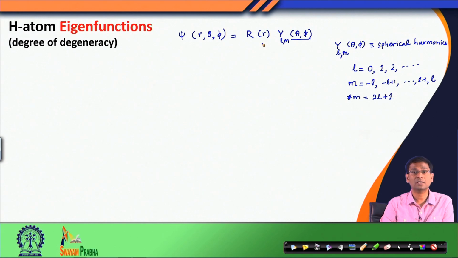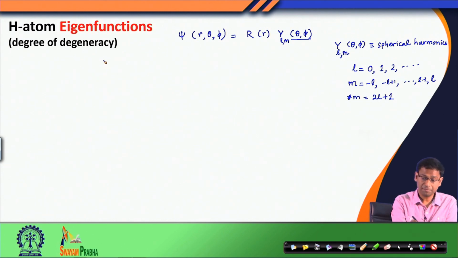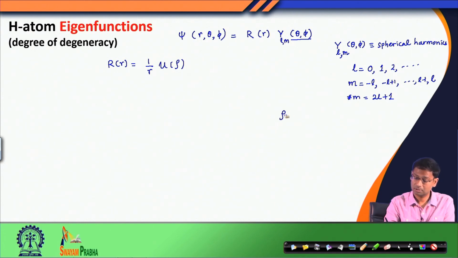Now, the radial part of the solution is something that we derived for the first time in the hydrogen atom problem. If you remember, we defined our radial function R as a function of r as 1 over r into u of rho, where rho was given by k r, and from our previous discussion we saw that k is Z over a n.